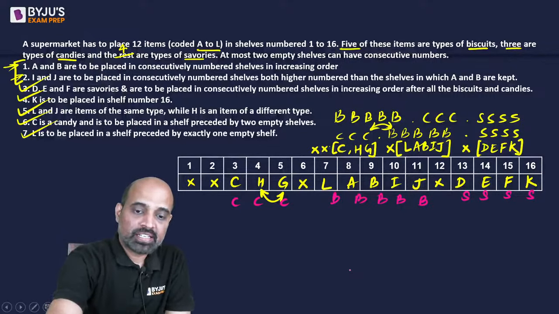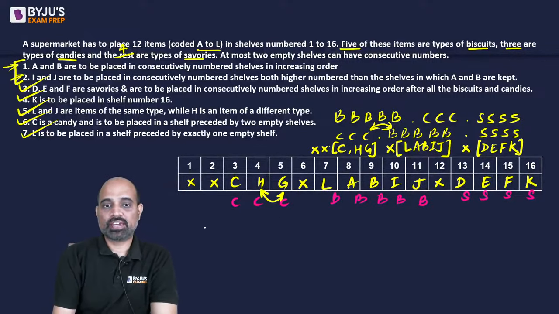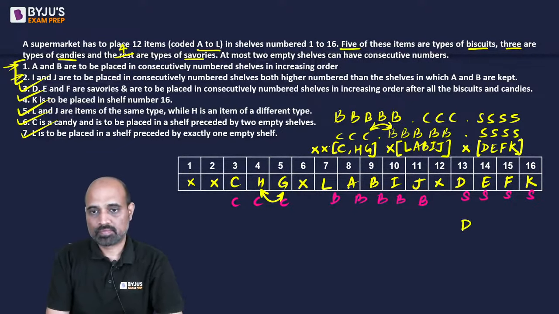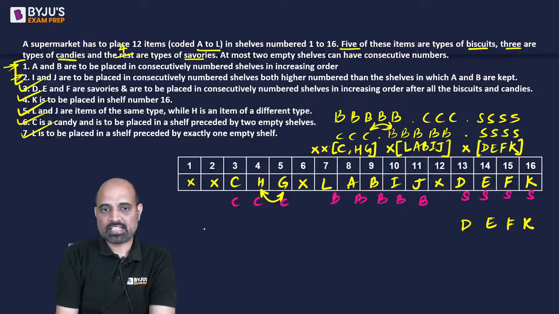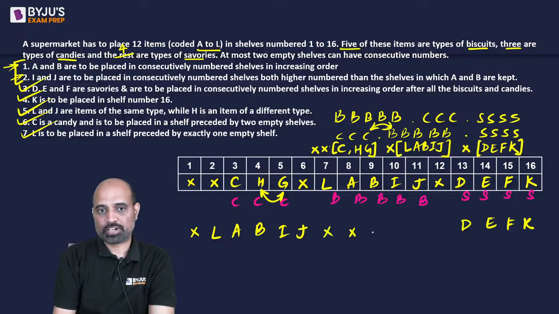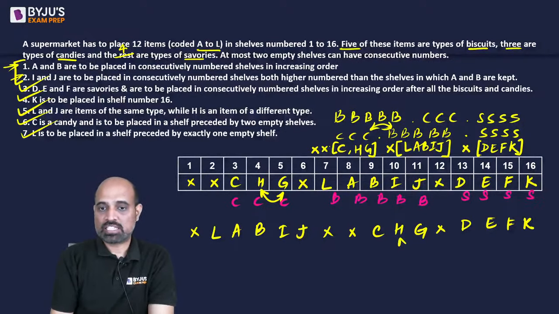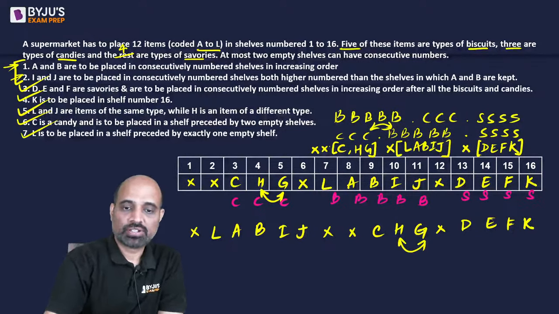The next possibility is if we have D, E, F, K at the end, and then the biscuits are in the front with 1 blank and then L, A, B, I, J, and then 2 blank places for candies and then C, H, G, and then 1 blank before D. So H and G can interchange, right?